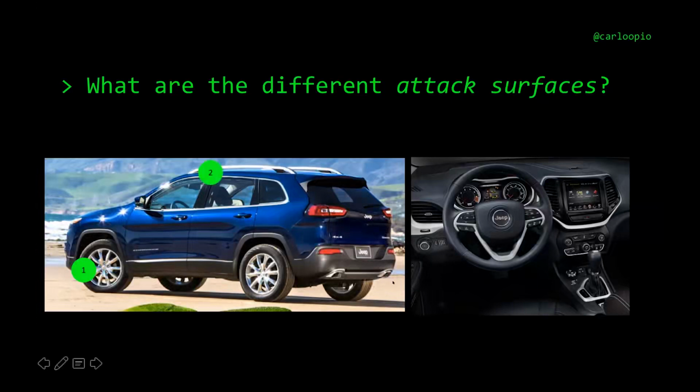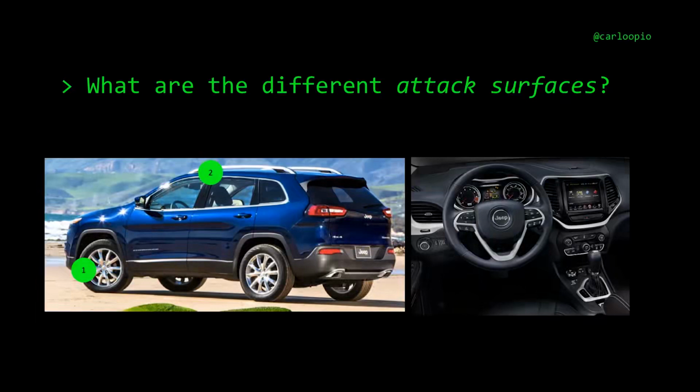Another attack surface is Bluetooth, Wi-Fi. Essentially, nowadays there's a lot of cars that have onboard Wi-Fi. They have a 3G modem or a 4G modem and a Wi-Fi hotspot in the car. And a lot of times that hotspot is open, completely unsecured.